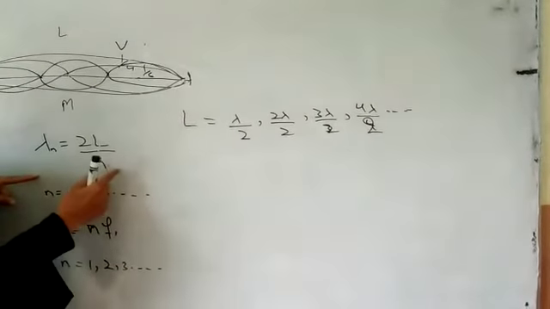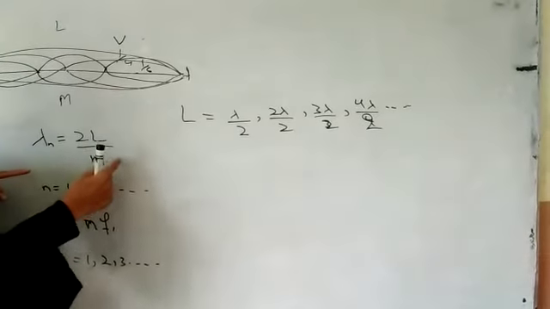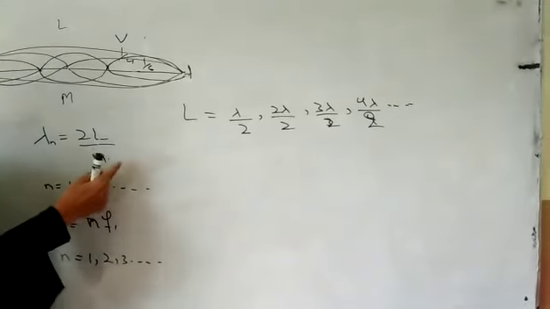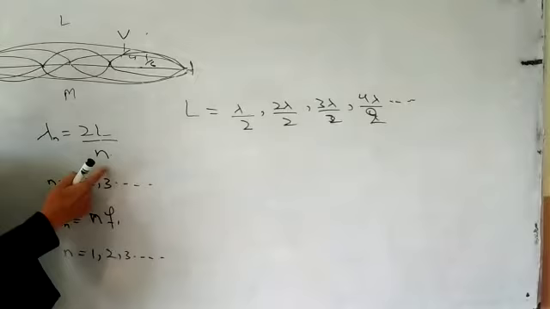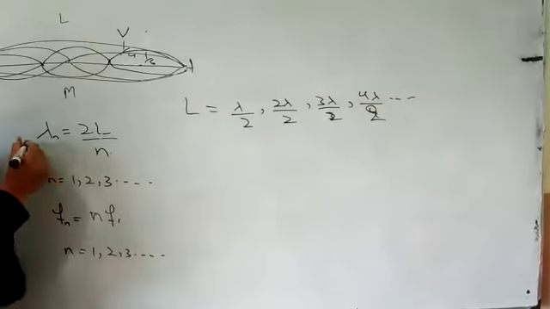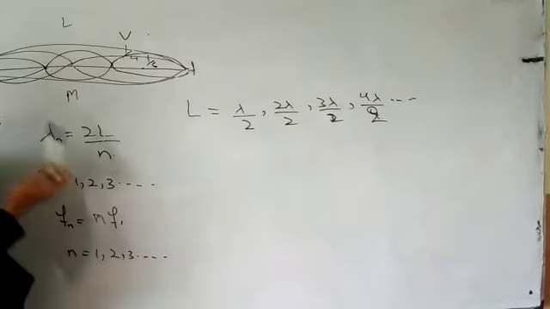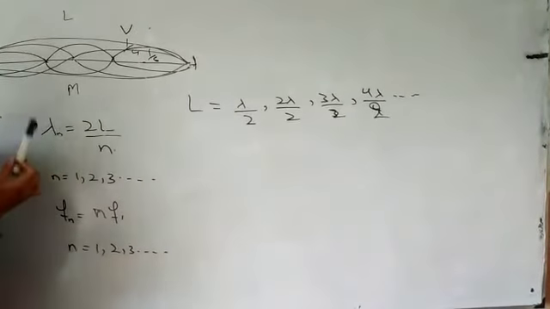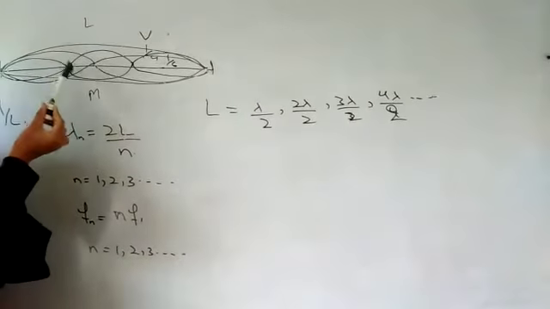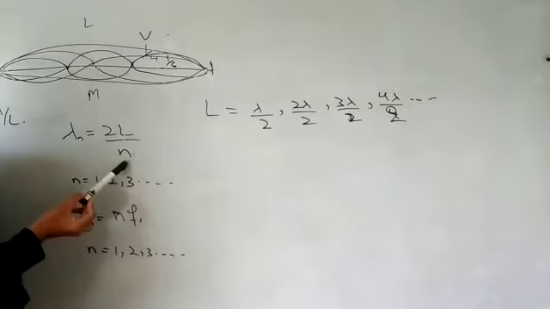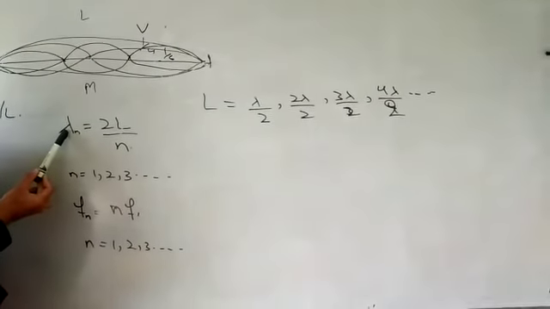For the second case, for 2 loops this becomes 2, for 3 loops it becomes 3, and for 4 loops it becomes 4. So the denominator value in the expression of wavelength increases. That's why the wavelength of the loops decreases.